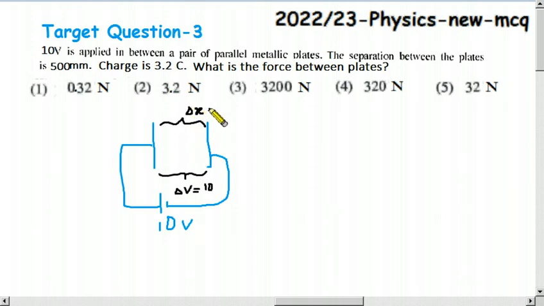Delta X is 500 millimeters, means 0.5 meters, because there are 1000 millimeter to a meter. The charge is given, Q, 3.2 coulomb.